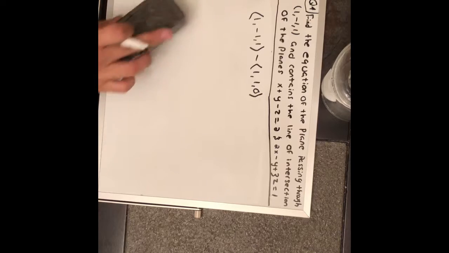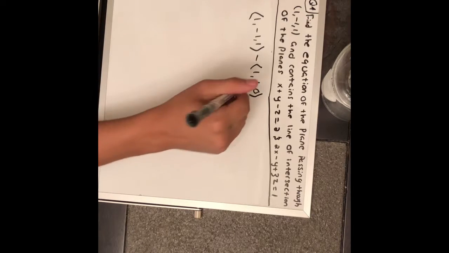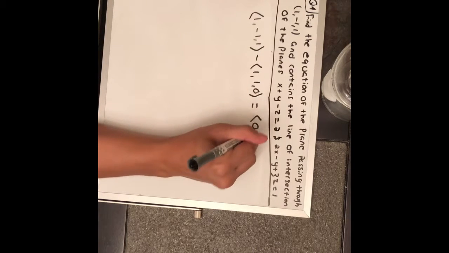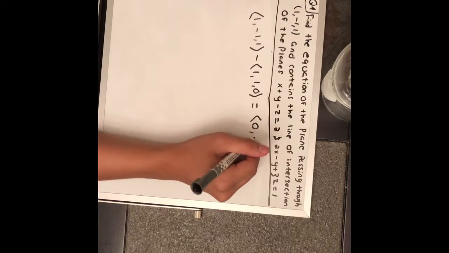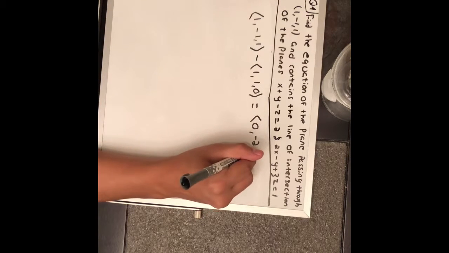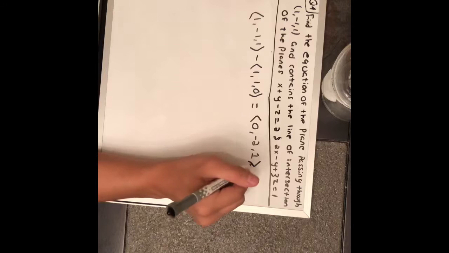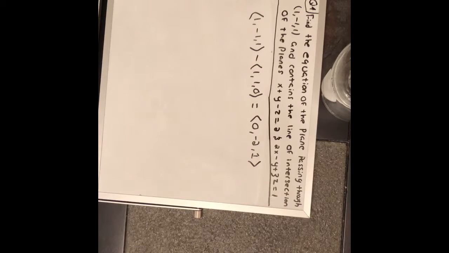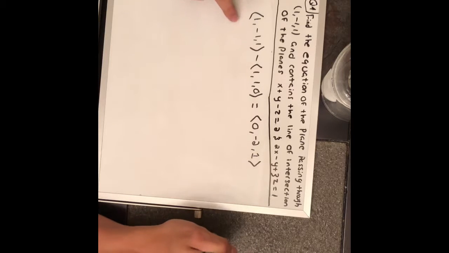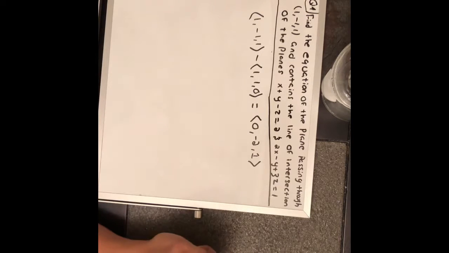This gives us 1 minus 1, 0; -1 minus 1, -2; and 1 minus 0, just 1. So this is the vector between this point and this point.